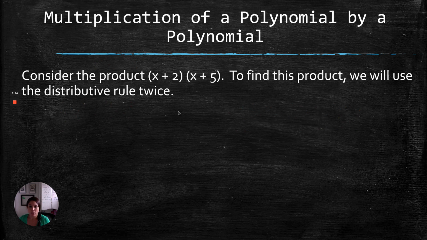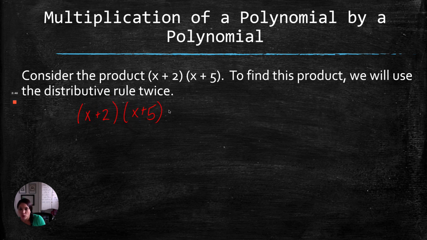Okay, multiplication of a polynomial by another polynomial. Consider the product, x plus 2 times x plus 5. To find this product, we will use the distributive rule twice. I'm going to rewrite this, x plus 2, x plus 5.